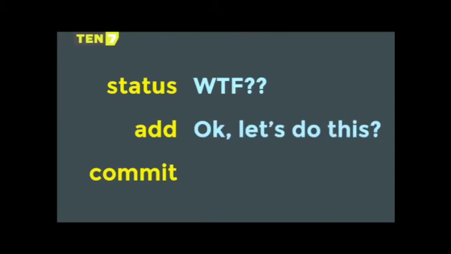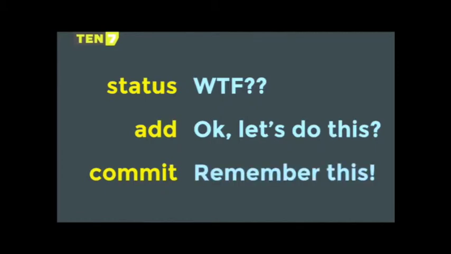Git add, if you run that command, you're basically saying, see these changes that I made? I'd like you to put them in a holding pattern in the staging area because I'm thinking of making a commitment to them. I'm going to maybe add some other changes, and once I've got all these files that have these changes that I'm really in love with, I'm going to make a commitment to them, and I'm going to ask Git to remember them.